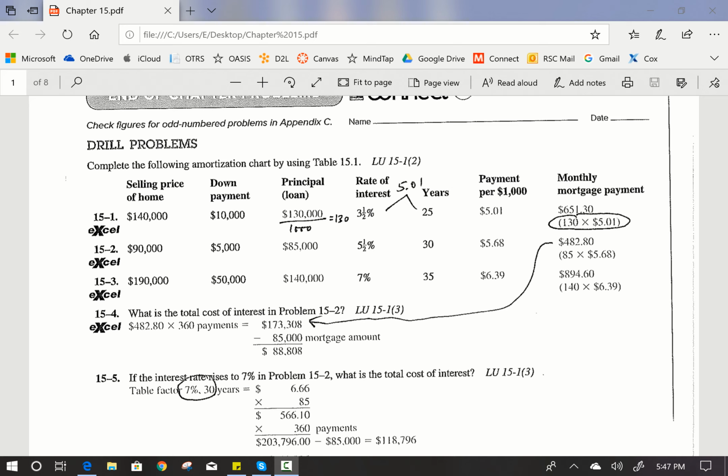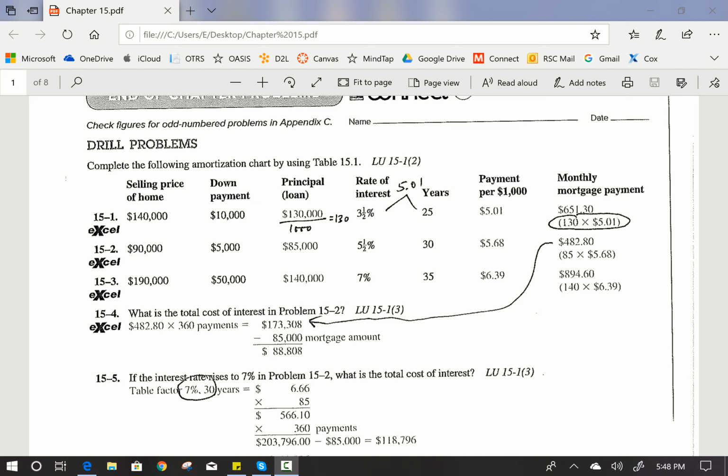So this account is going to have to be charged PMI, a kind of mortgage insurance to ensure that if something happens to you, you will be able to pay off your loan. You wouldn't need PMI with a 20% down payment. But nonetheless, we'll just work the problems here.